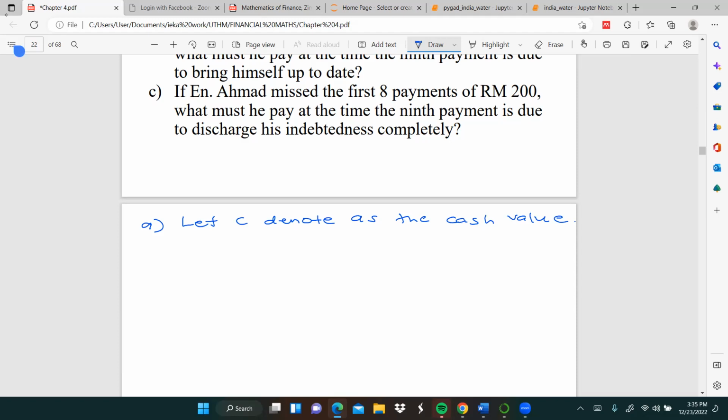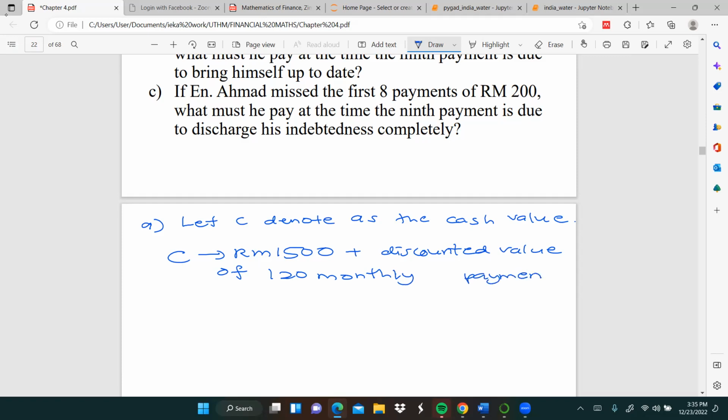C is the cash value of the contract, and C is RM 1,500 plus the discounted value of 120 monthly payments of RM 200.